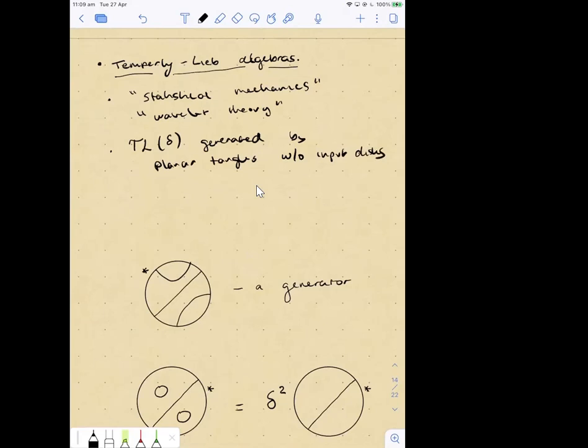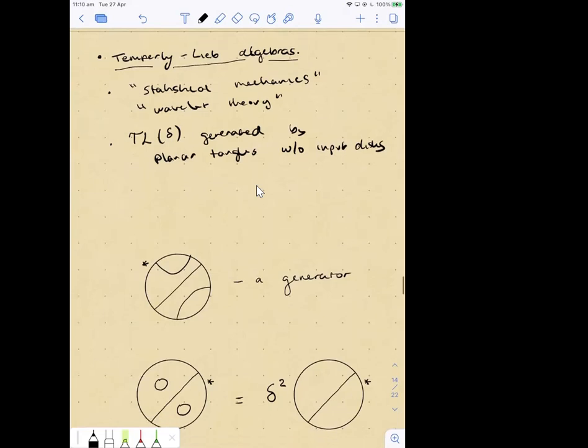So essentially the only information we have is the outer disk and an embedded one-manifold. And when I say generated by, I mean you take all of the different possible planar tangles with input disks and apply the planar tangle action, which here is just given by tangle insertion. You repeat that over and over, and anything you can generate by doing that is in the algebra.